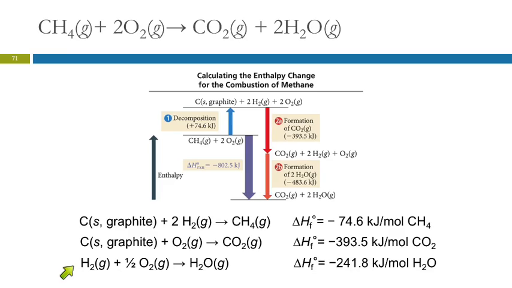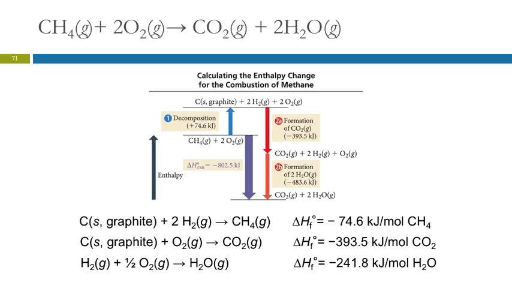And then we look at forming a mole of water from its elements, and here delta H is minus 241. So we've used the carbon and some of the oxygen to form the CO2, and we're going to use the hydrogen and the other oxygen to form water, and that's going to release this amount of energy.